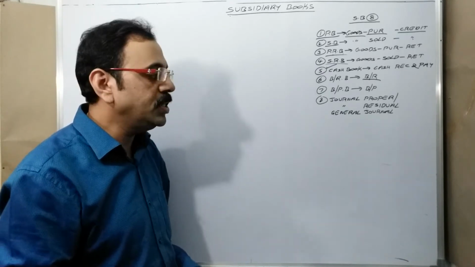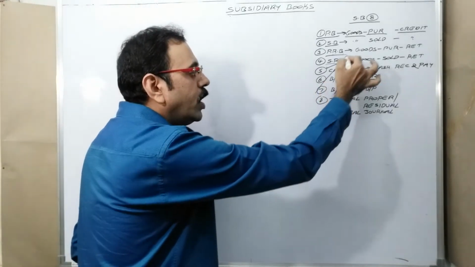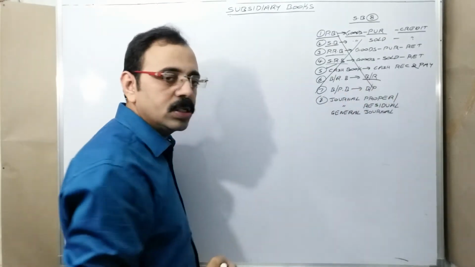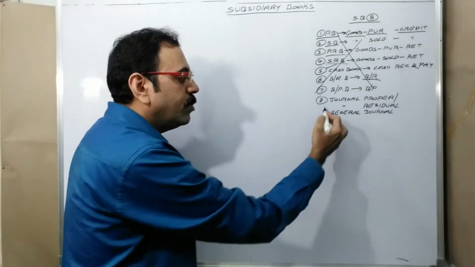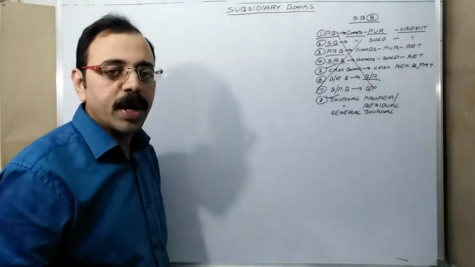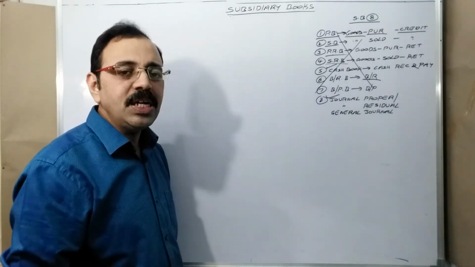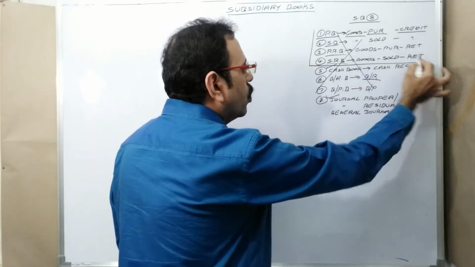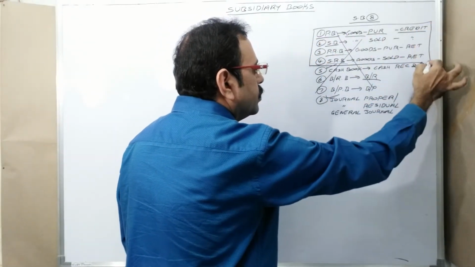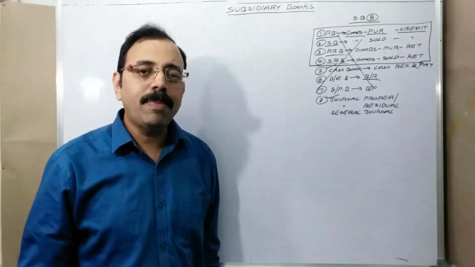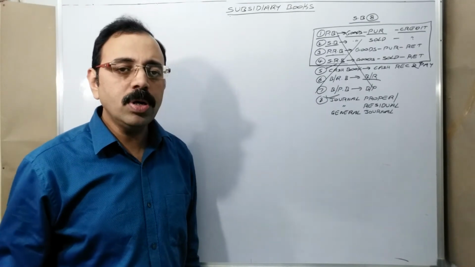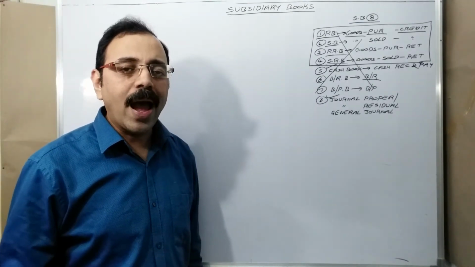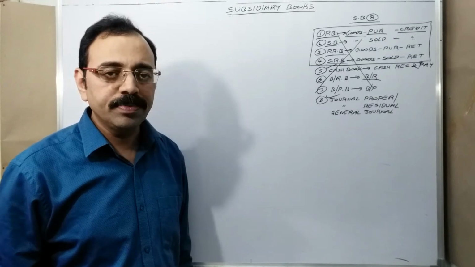The transactions which we cannot record in the first 7 books. We record them in journal proper. Now in my present class, I am going to explain the first 4. We'll learn about the purchase book, sales book, purchase returns book and sales returns book.